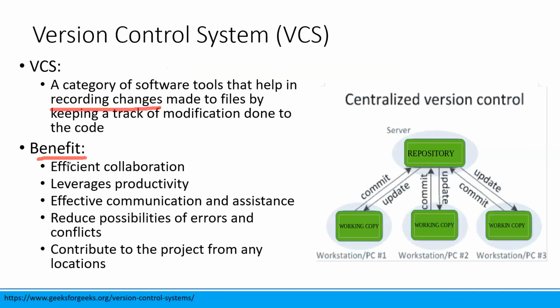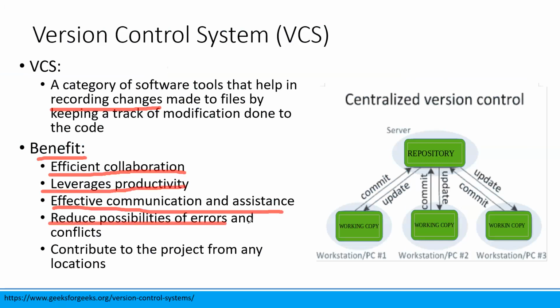The benefit is efficient collaboration. So if you do a team project, I guess it is good for you. And leverage productivity, because you can do the code anywhere. And effective communication and assistance, so you can give some comments or some information to the other partners.